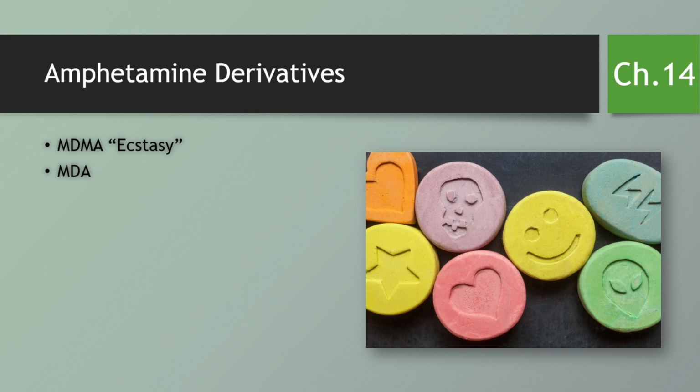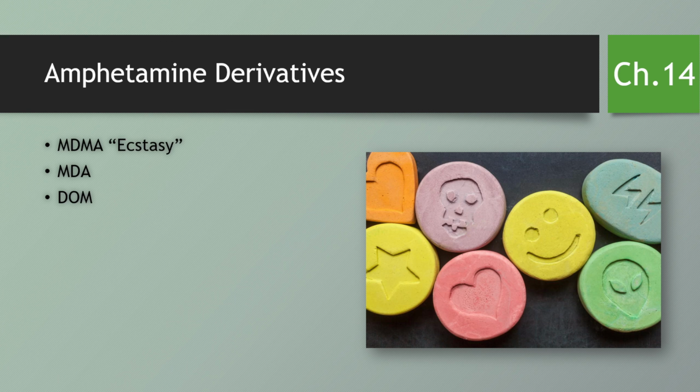We also have MDA, which produces effects very similar to MDMA, but has a different chemical structure. We also have dimethyloxymethylamphetamine, or DOM, which is, again, another similar chemical structure. It can often produce feelings of serenity, tranquility, or peace, but has some of those same negative side effects as well.